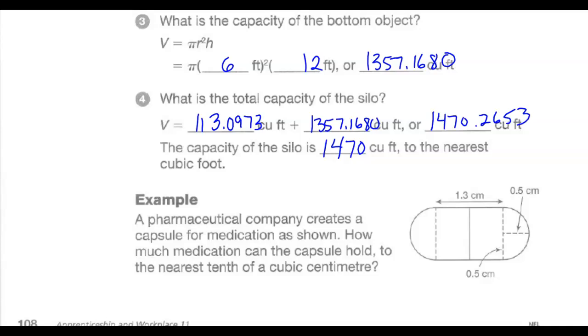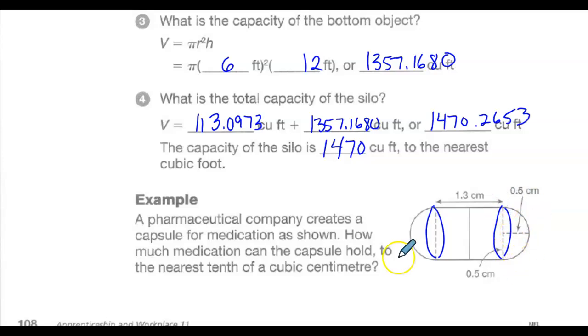Okay. If you've ever taken a capsule for a medication, it's kind of gel on the outside. So it's 3 dimensions. This looks like it's 2 dimensions, but you have to envision that this is kind of a circle that way, circle that way.